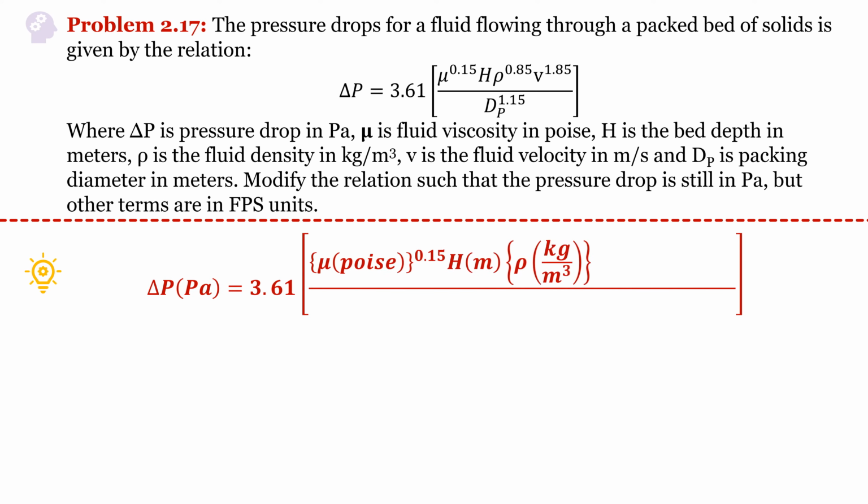As per the problem, mu is given in poise, h in meter, rho in kg per meter cube, v in meter per second and dp in meter. So we simply find the equivalent expression. If you don't know how to find the equivalent expression in terms of other units, then please go through my previous video, and the link is provided in the description.